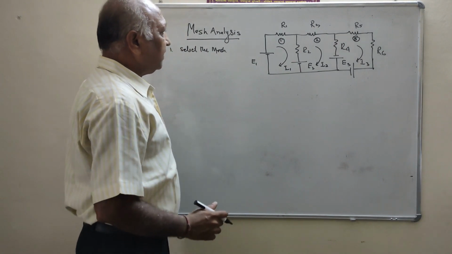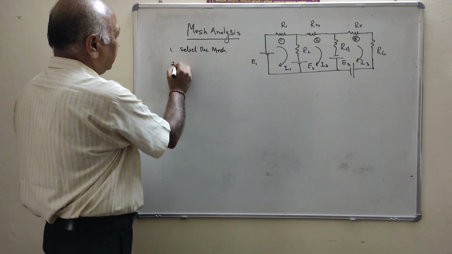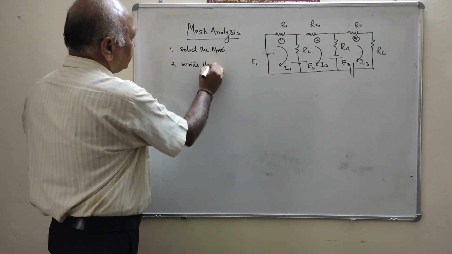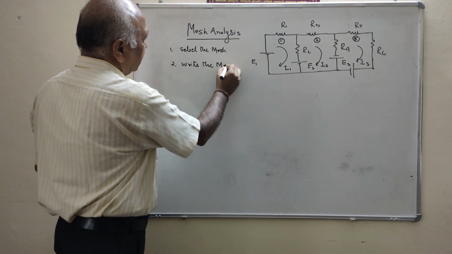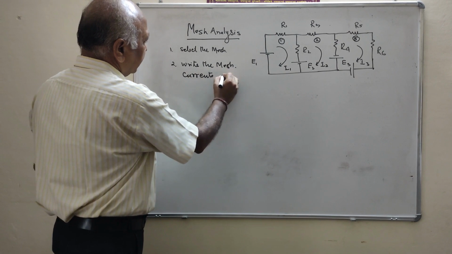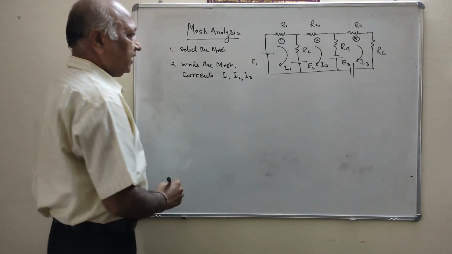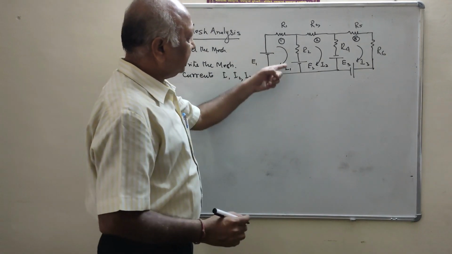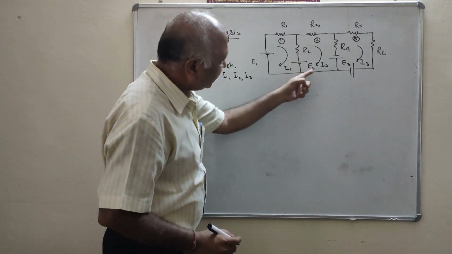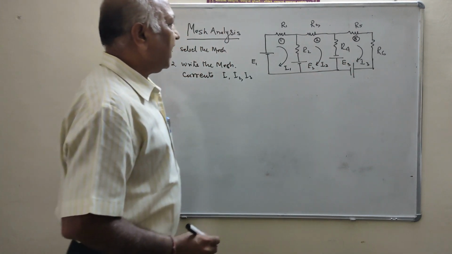Second, write the mesh current. That means in mesh 1 the dominating current is I1, in mesh 2 the dominating current is I2, in mesh 3 the dominating current is I3.